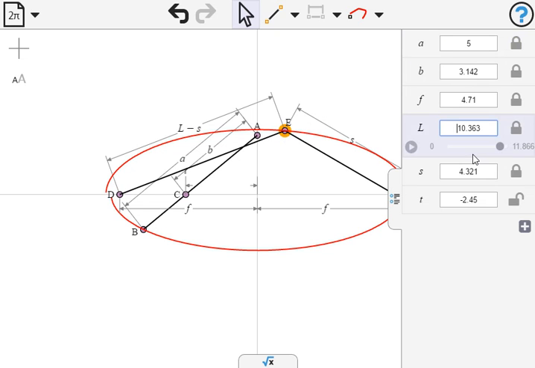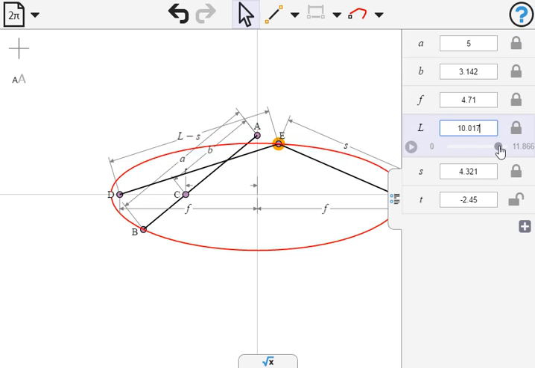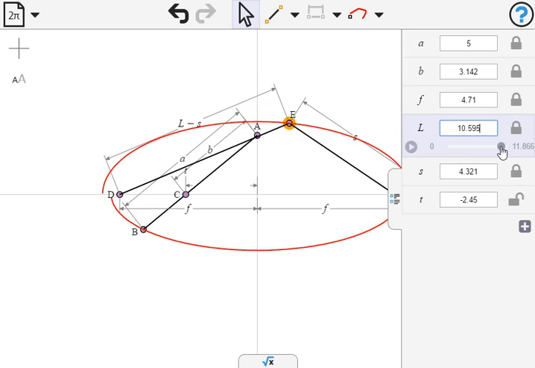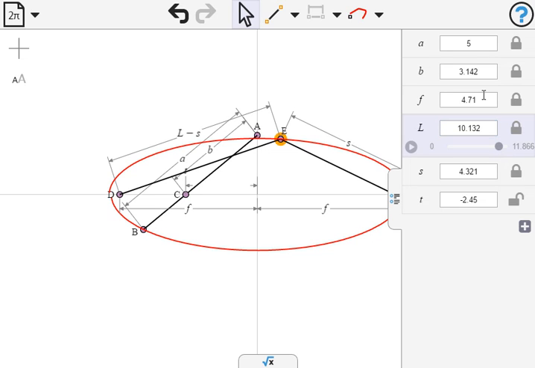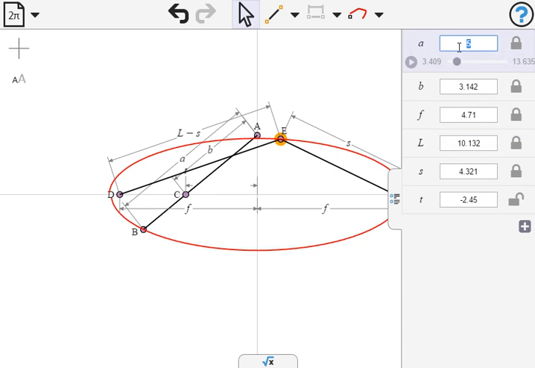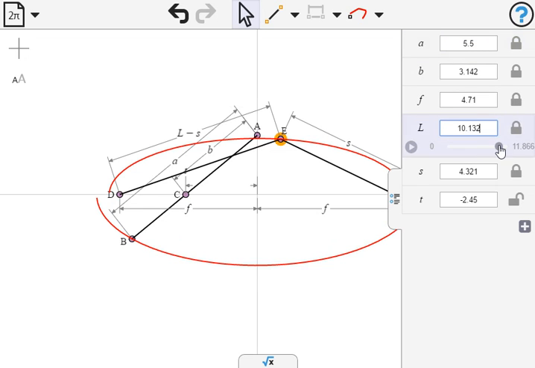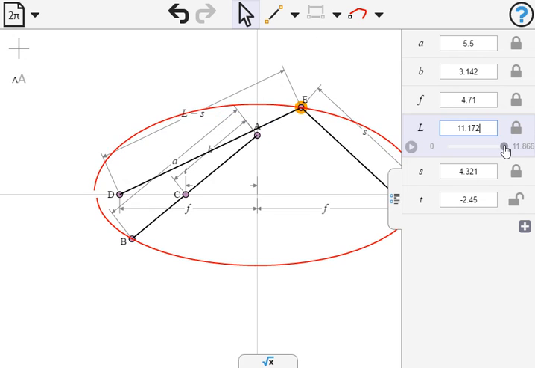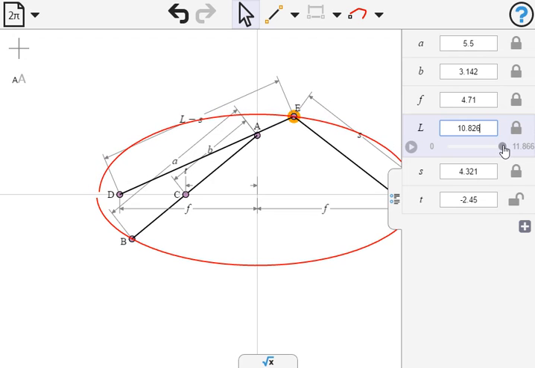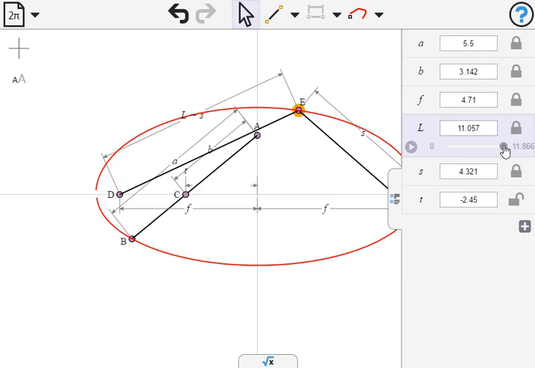Now I can tweak L until the ends line up. And I can look with A equals 5, approximately 10 is a good length for the string. If I move A to be 5.5, then I can look for an L which is going to work, and that's about right, and that's close to 11.